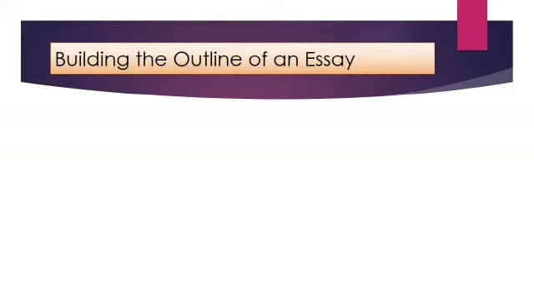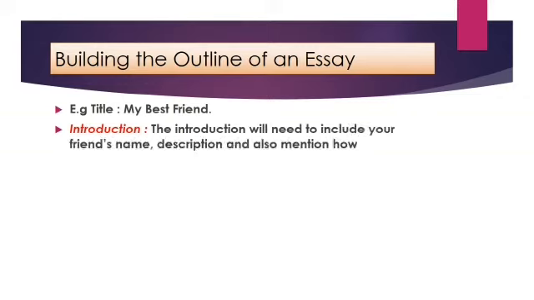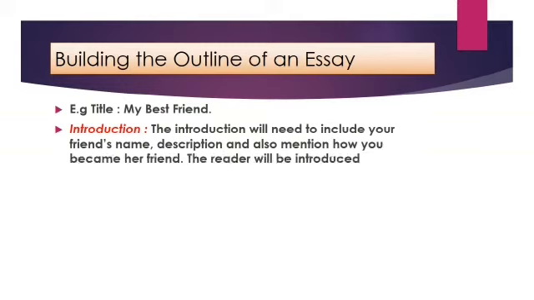Once the outline has been drafted, the points need to be structured to fit into the three main parts of an essay. Let's write down the main points of our essay in their three sections. Now the title is My Best Friend. Introduction. The introduction will need to include your friend's name, description, and also mention how you became her friend.